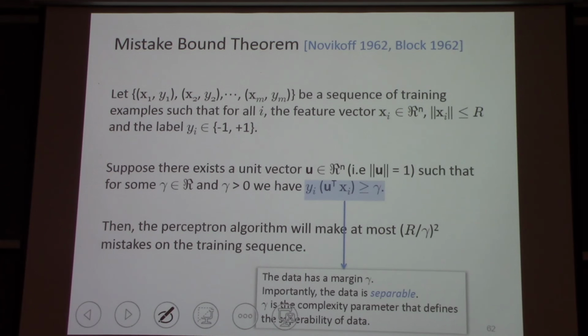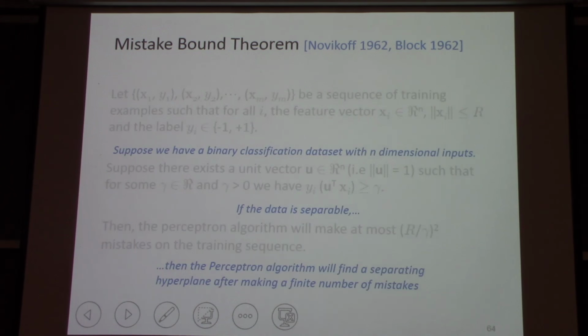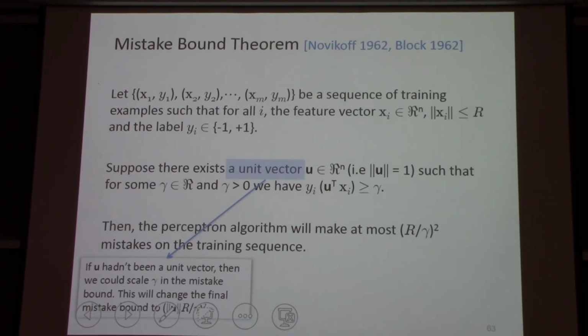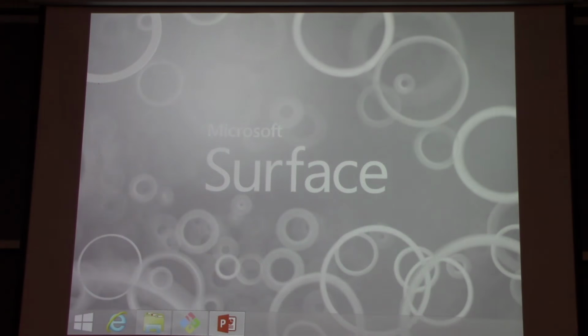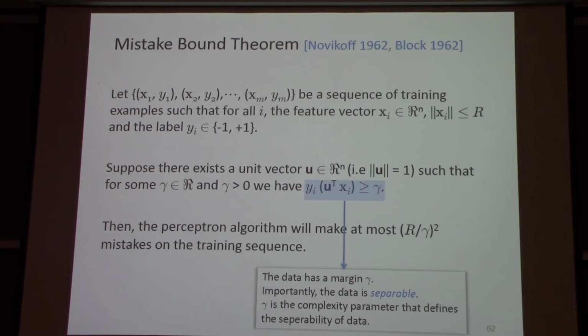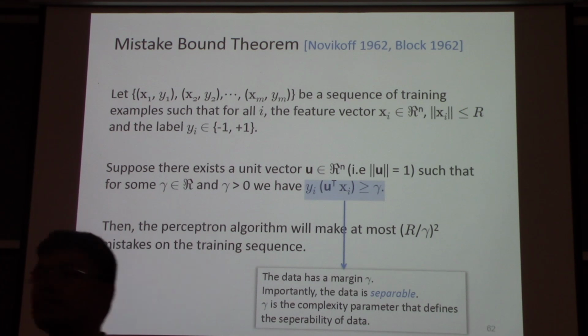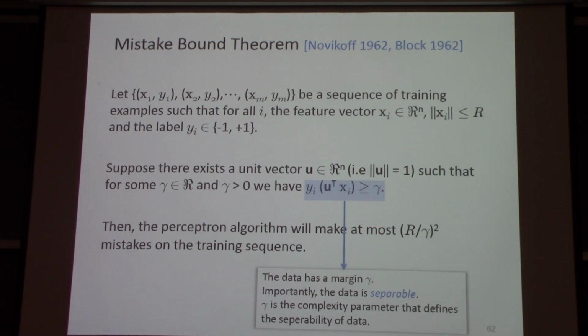This assumes that the data is separable. So let me first try to hide this, so the middle block here simply says that the data is separable with a margin gamma. Now, this is actually a very strong condition.